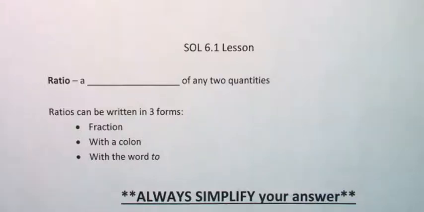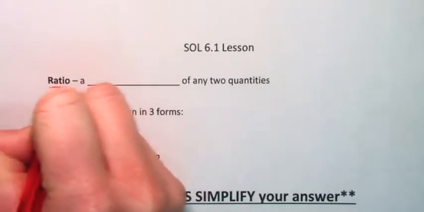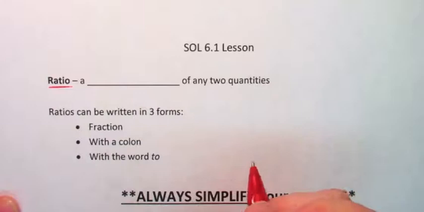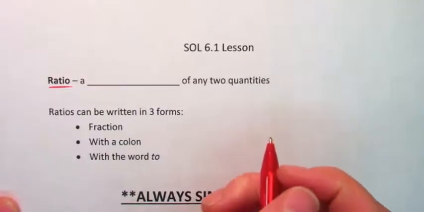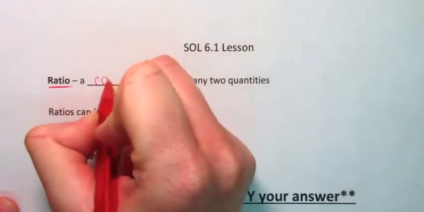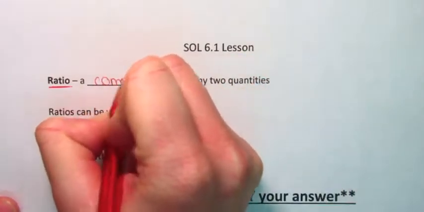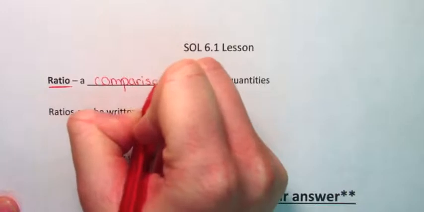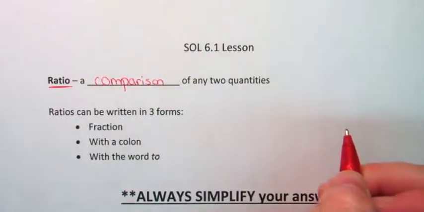Today's lesson, SOL 6.1, is on ratios. If you remember, we did this way back at the end of August, early September. A ratio is a comparison of any two quantities.